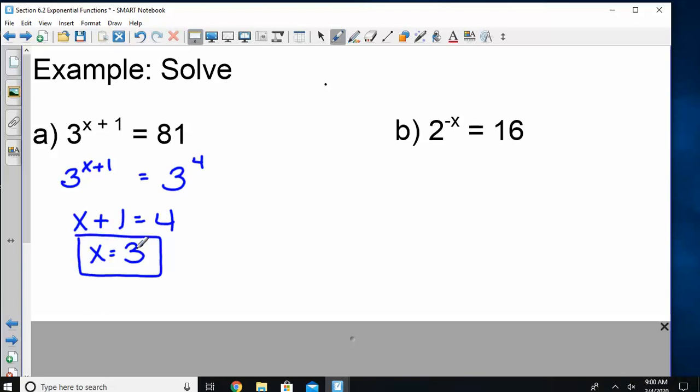I can easily check these. If I put in a 3, 3 to the 3 plus 1 power is 3 to the 4th, which is 81. So B, 2 to the negative x power equals 16.